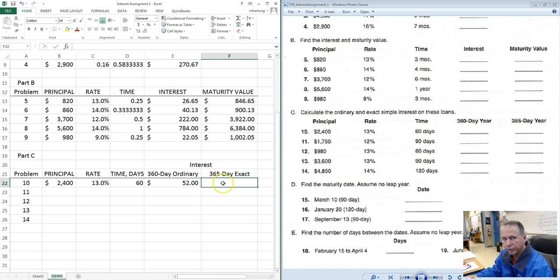And then for the 365-day exact simple interest will be very similar. Principal times our rate times, once again, our 60 days divided by, this time though, 365 days. $51.28767123.